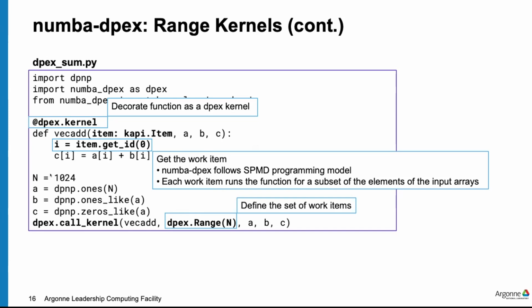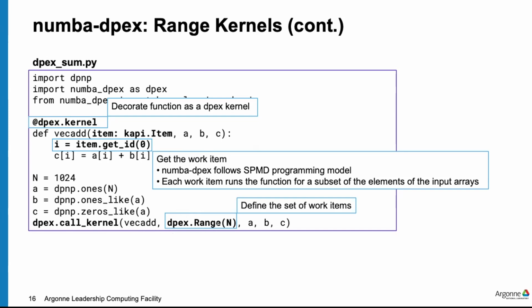And so lastly, at the bottom, you see, as I mentioned earlier, that it integrates well with DPNP. So we create three arrays, two inputs and one output, with DPNP. And then we call the kernel at the bottom with dpex.call_kernel. And here, the main thing to point out is that you have to specify the kernel name, but also the set of work items.